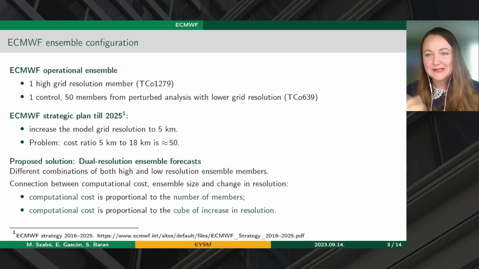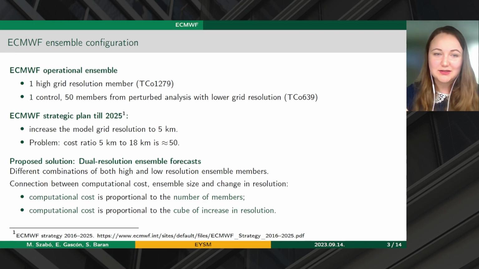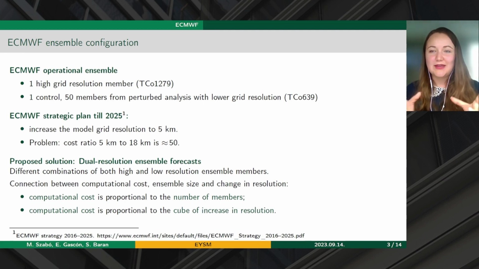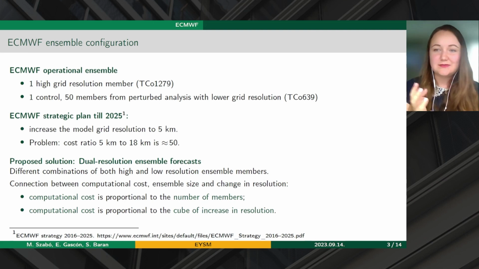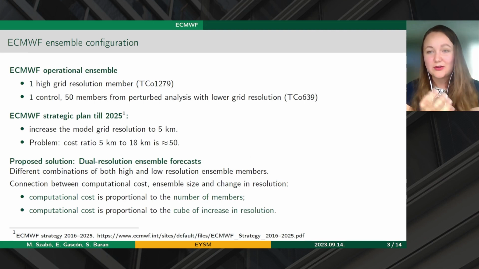But the problem is that the cost ratio between the then operational resolution and the 5 kilometers is quite high. So their proposed solution was to analyze and obtain some results with regard to a dual resolution ensemble system. What this means is that they would have in their system different combinations of higher and lower resolution members.